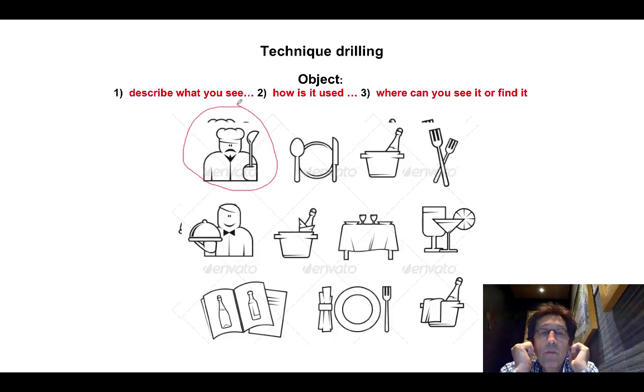From the first one, I see there is a shape of a man who has a head, which is usually white in color, and usually I see this person in the kitchen.